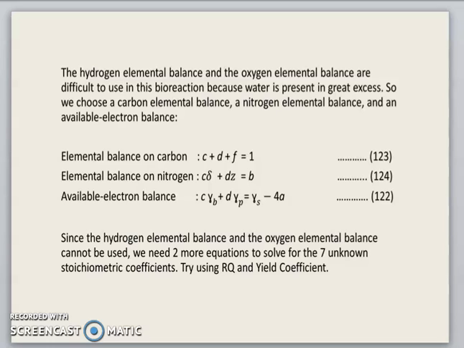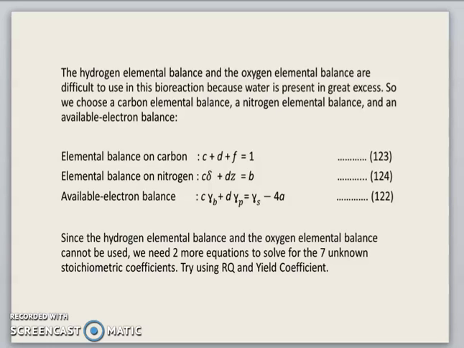The hydrogen elemental balance and the oxygen elemental balance are difficult to use in this bioreaction because water is present in great excess, because we're preparing all the medium in water. So we choose a carbon elemental balance, a nitrogen elemental balance, and an available electron balance.